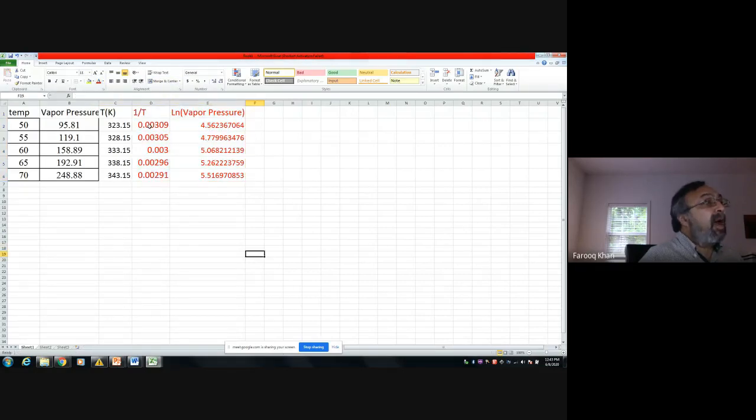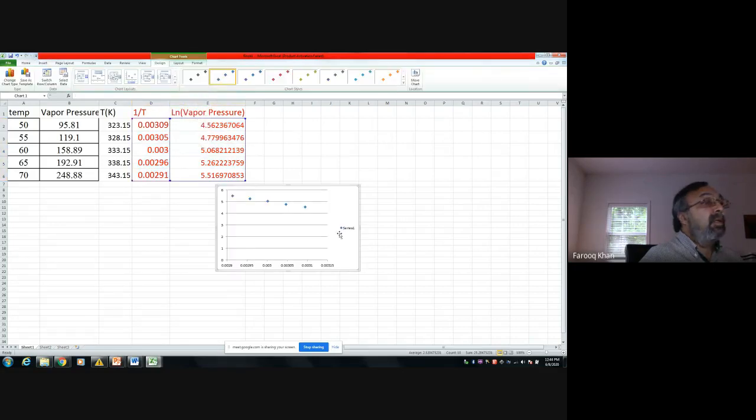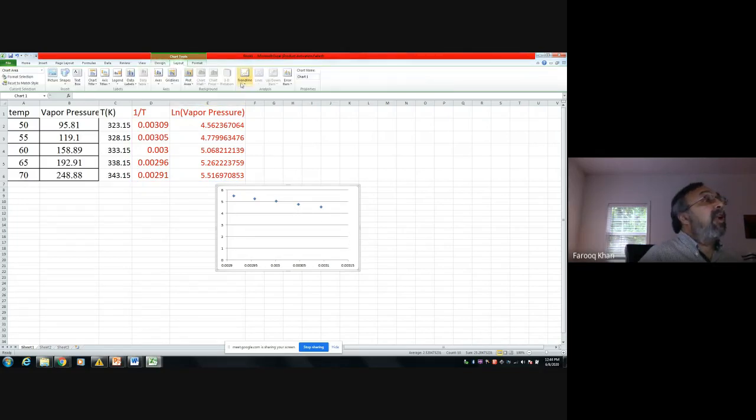So we will make a graph of 1 over temperature on the horizontal axis, the natural log of vapor pressure on the vertical axis. So we will go ahead, insert, scatter, and we need to go ahead and add a trend line. We know how to do that.